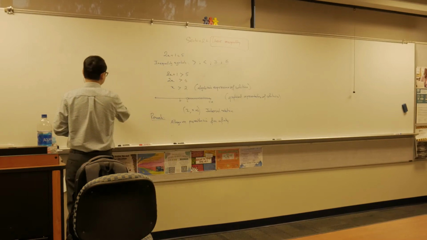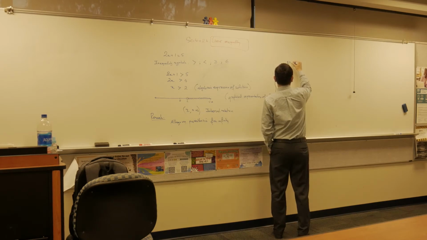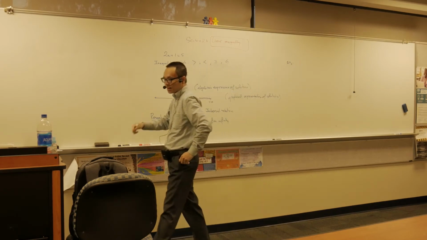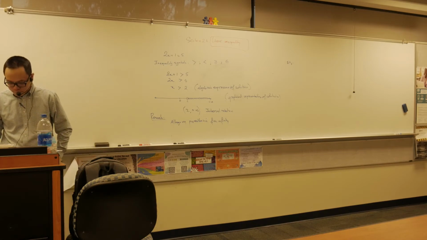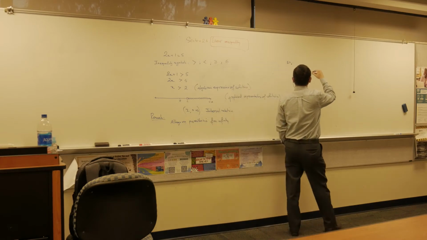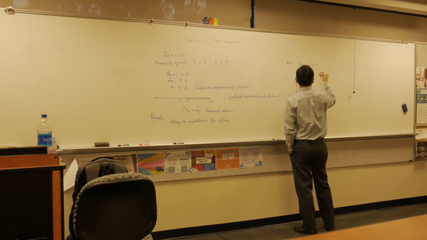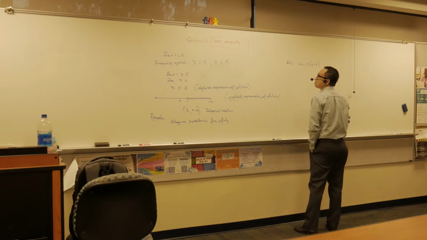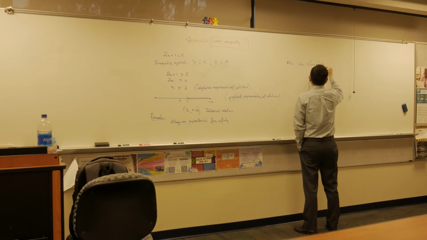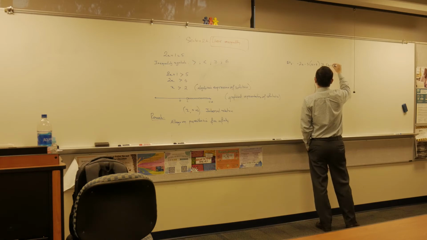Alright. Now I'm going to give you another example, and let's see how you're going to do this. I'm going to have negative 2x minus 3 times the quantity x plus 4 greater than or equal to 5x minus 1.